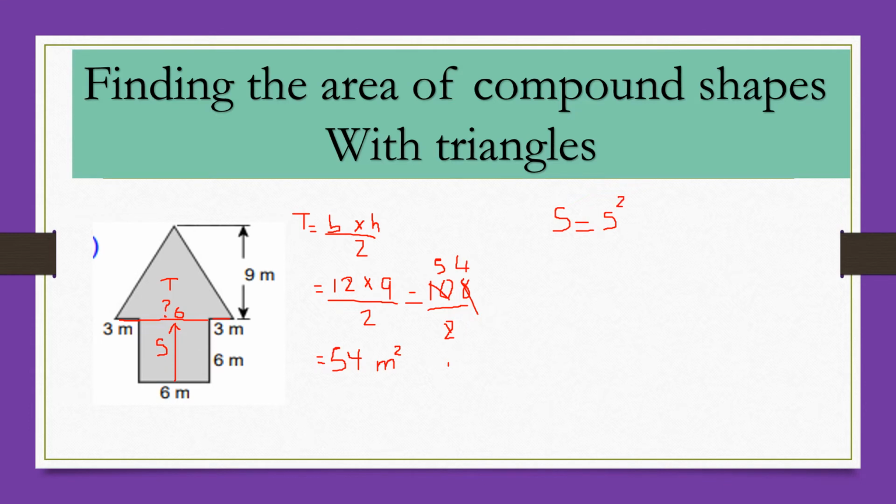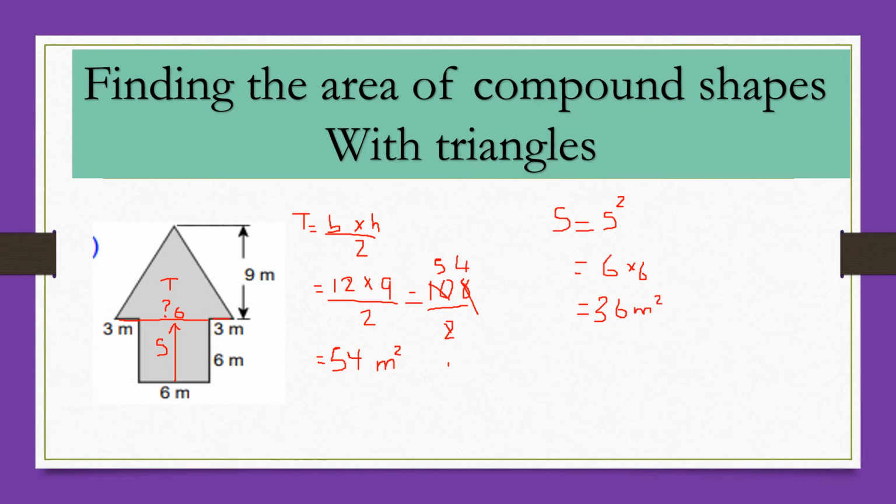Side squared means side times side. So what is the side of this square? It's not 3. It's a 6, because it's a square. It's gonna be 6 times 6, and that will be 36. 36 cows? No, it's 36 squared meters.